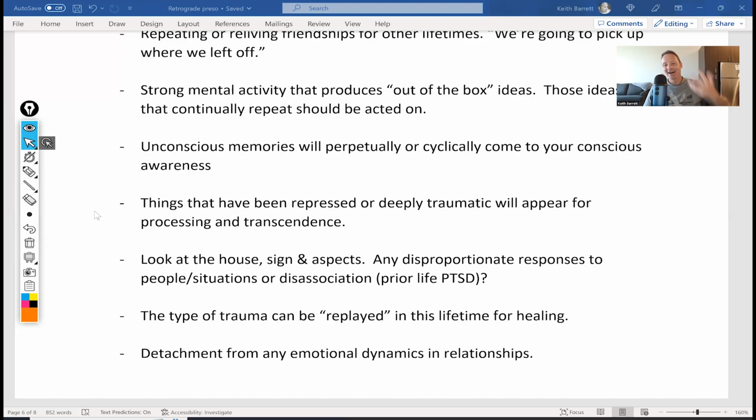I did a blog post on my website about Uranus and talked about, if you have Uranus retrograde, look at the house, sign, and the aspects, especially any squares or any oppositions to your Uranus placement. Do you have any disproportionate responses to people or situations or disassociations when it comes to those symbols? Right.